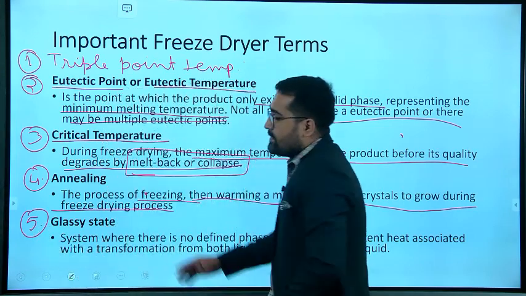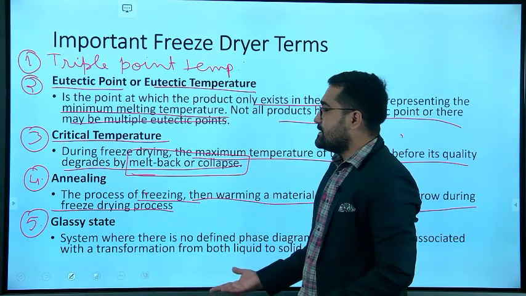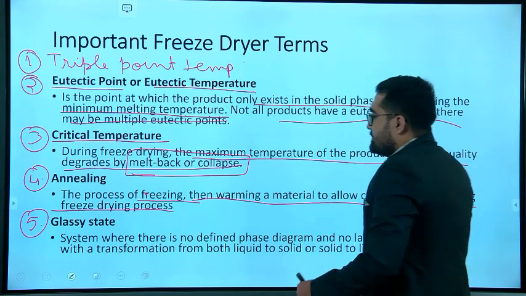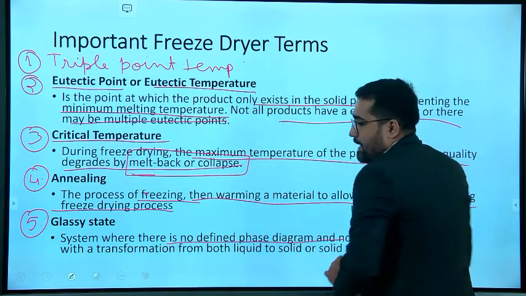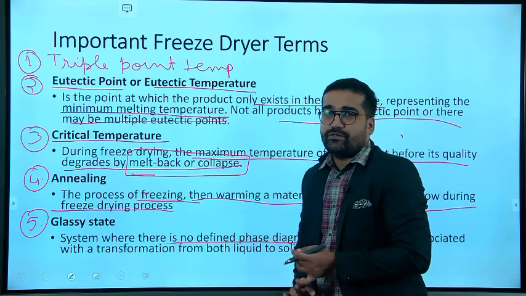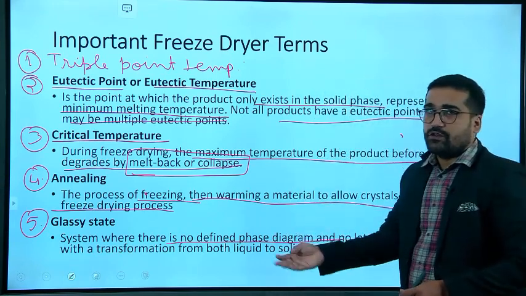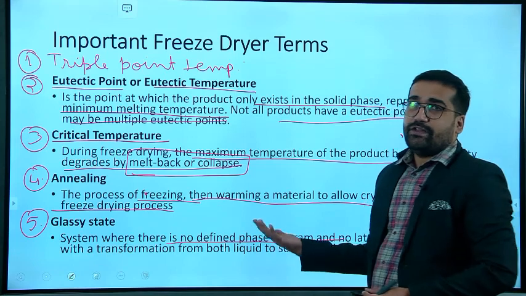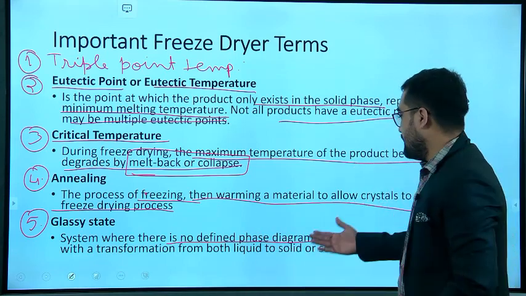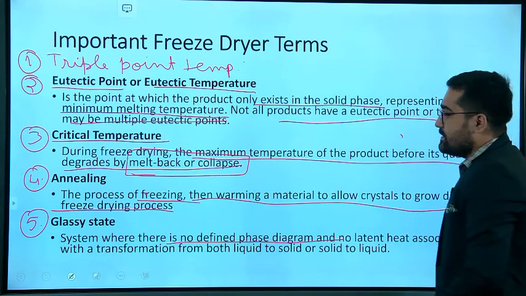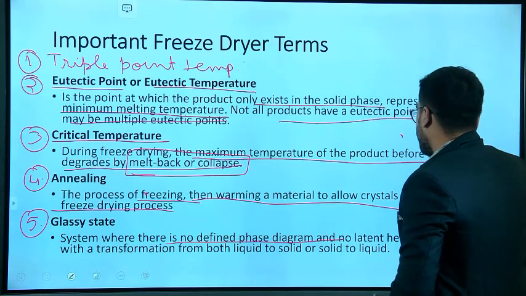Glassy state, what do we mean by glassy state of a material? It is a system where there is no definite phase. I have told you there are 3 phases of a product, liquid, solid or gas, but when we can't identify whether the product is in liquid, solid or gas phase, that phase is known as the glassy state.